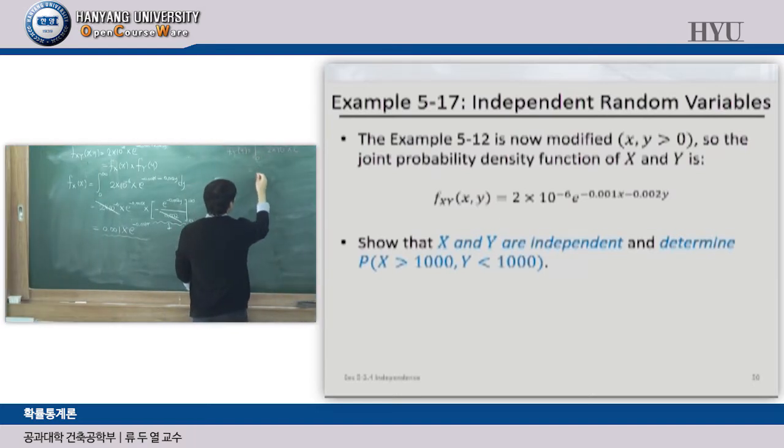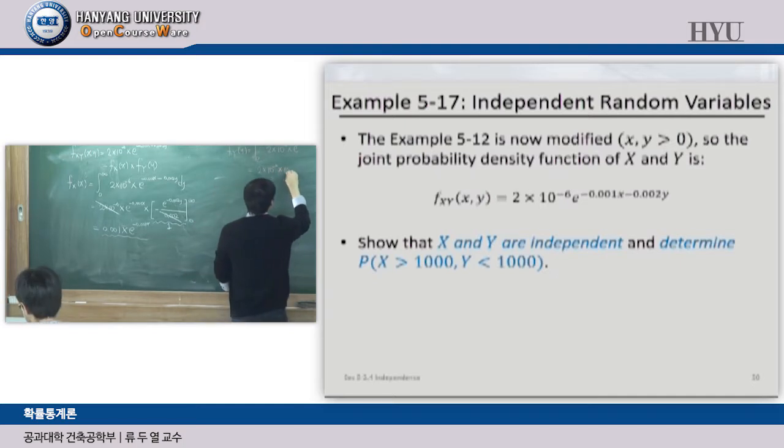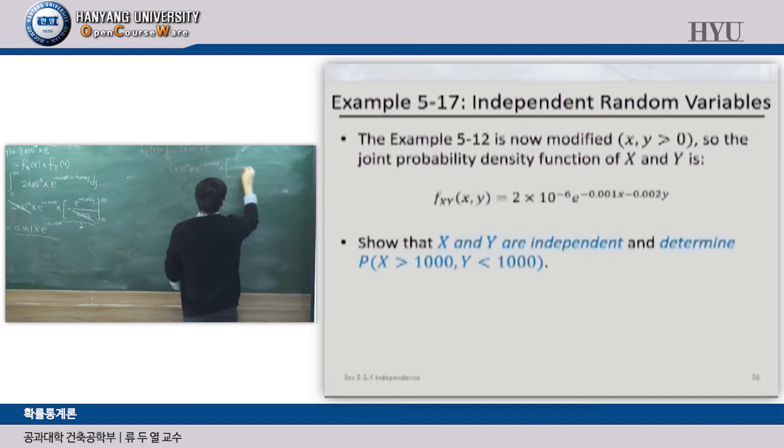And this is equal to 2 times 10 to the minus 6 power times exponential minus 0.002y times minus exponential minus 0.001x over 0.001 from 0 to infinite.